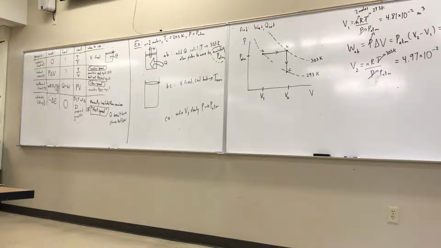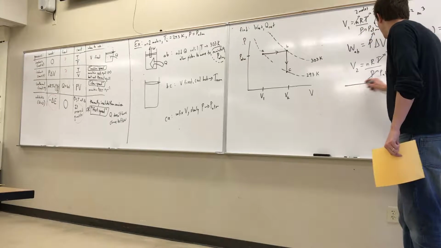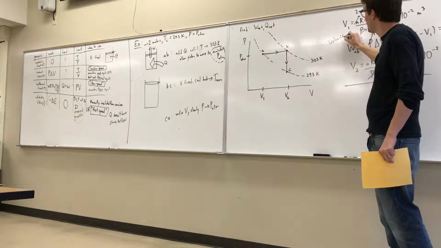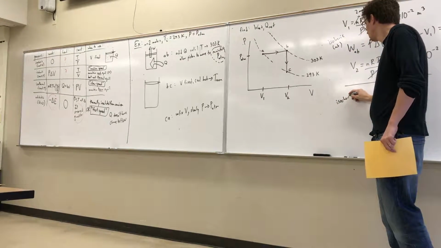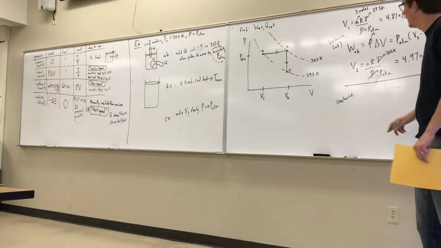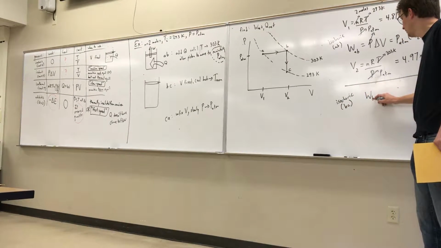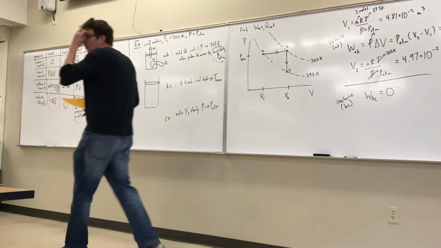We can immediately say that the work is 0. So the next step, if this was isobaric, this is step AB, isochoric, we have that now, this is step BC. The work done is 0.